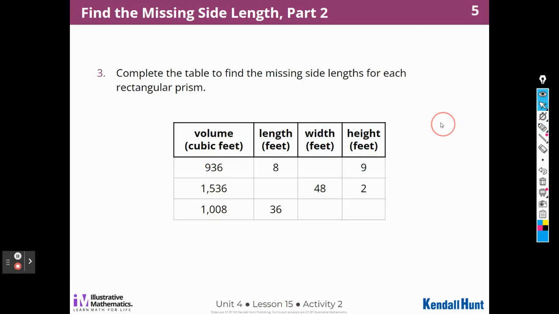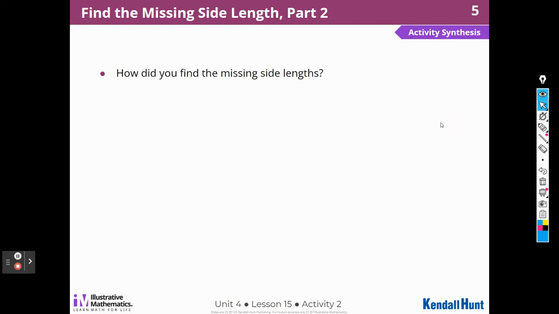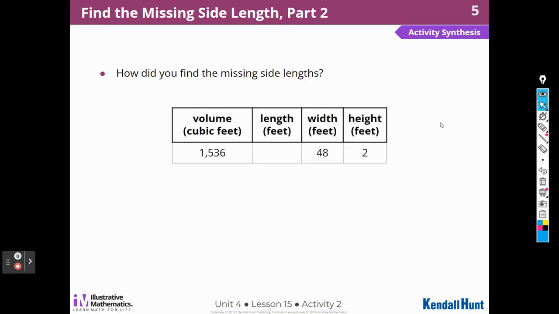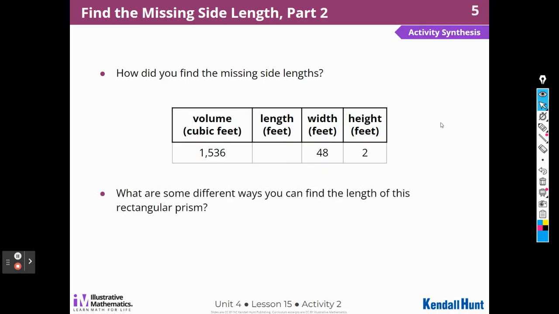Okay, let's move on. How did you find the missing side lengths? How did we find those missing side lengths? Well, we multiplied, didn't we? And we divided too. What are some different ways you can find the length of this?